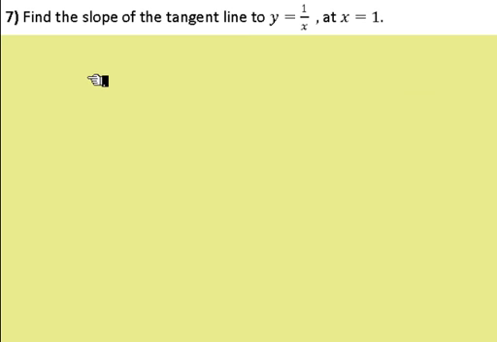In number 7, we want to find the slope of the tangent line to y equals 1 over x at x equals 1. So this time, let's use the other form, the limit as x goes to c. Either one is fine, really.